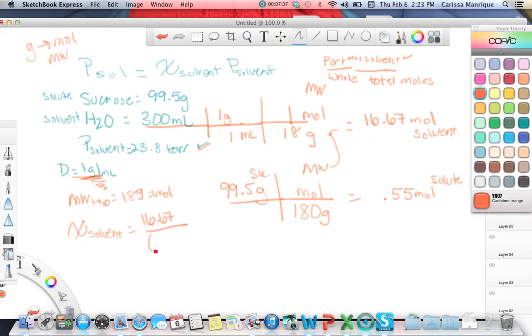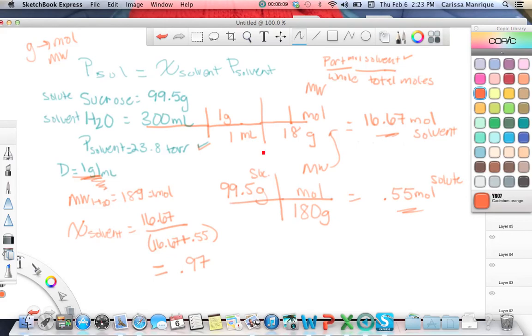So the total moles are 16.67 plus my solute 0.55, all added together. When you do this divided by this added together, my mole fraction becomes 0.97. So that basically tells me that 97% of the solution is water, okay?